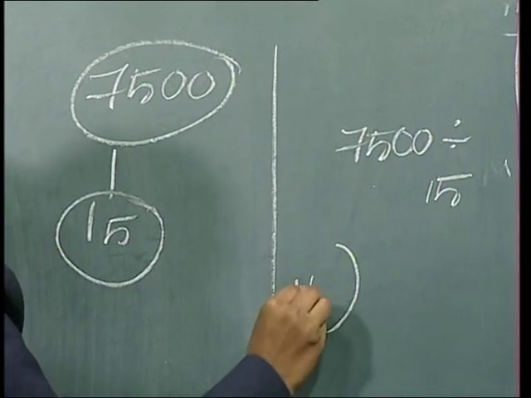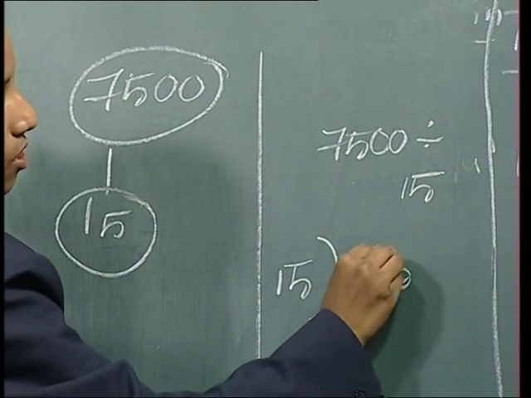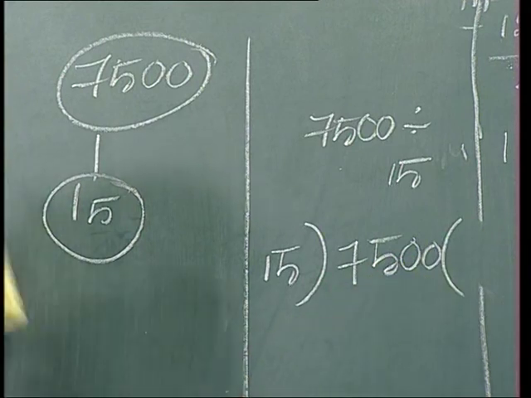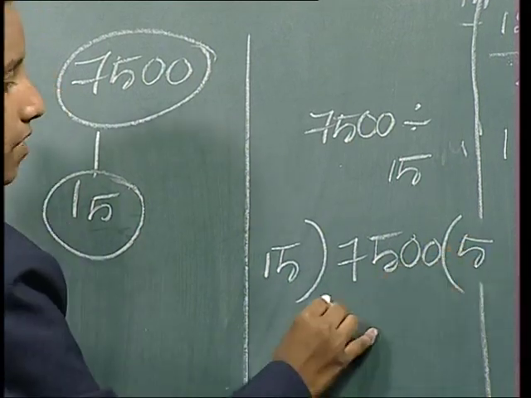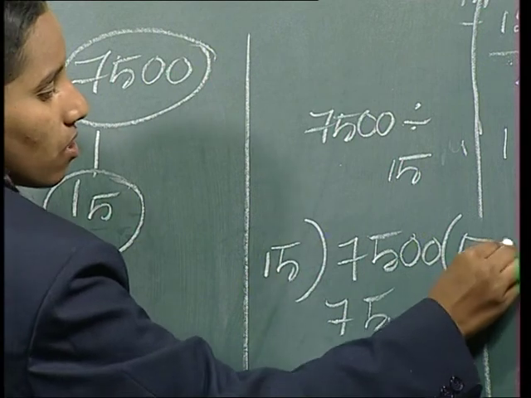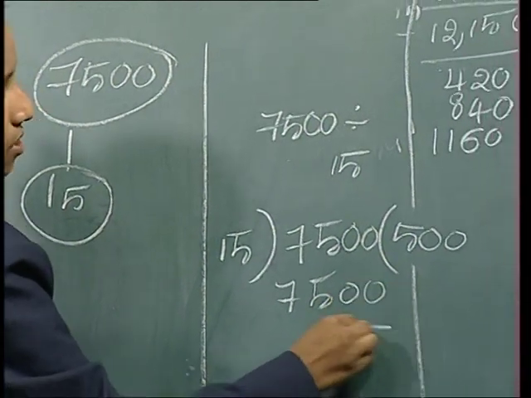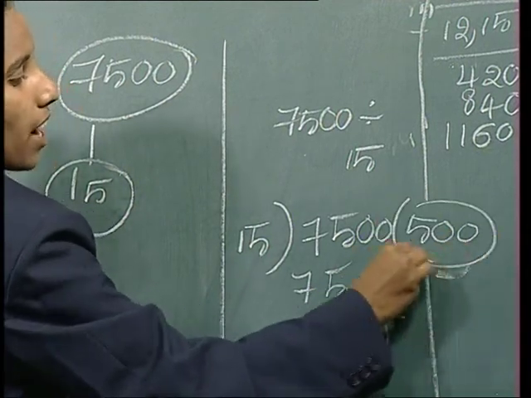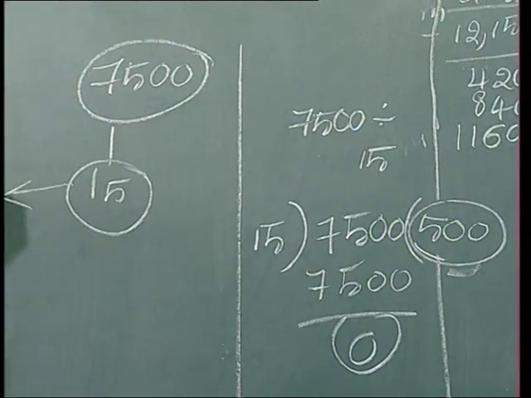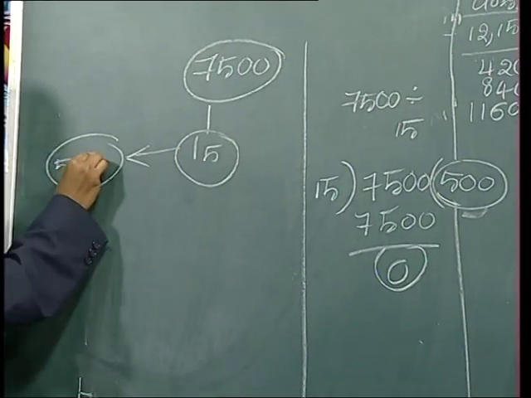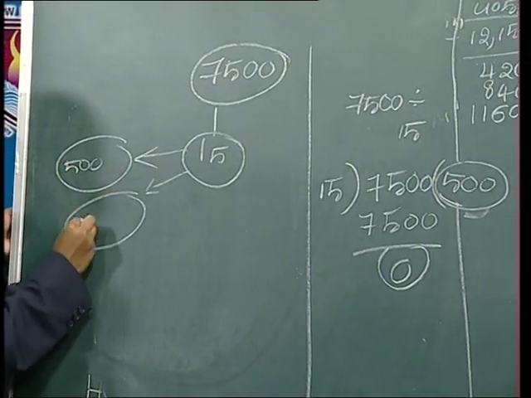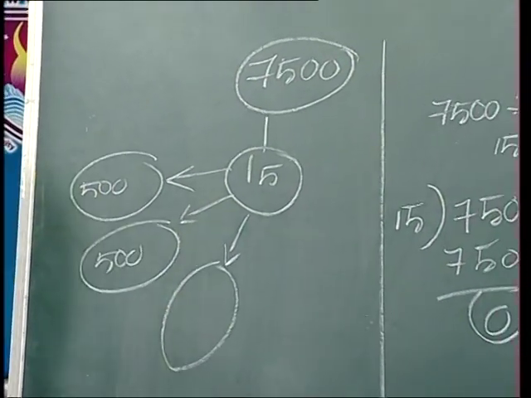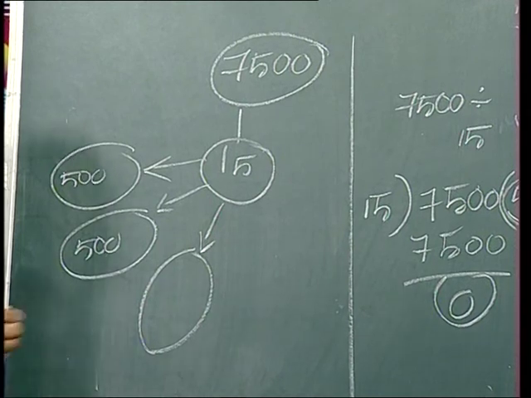Now he will see the multiples of 15. Then he will see that 15 fives are 75. If we keep zeros here, then we also get zeros. So finally he gets that every person will get 500 rupees. That means he has to distribute 500 to each of these 15 members. Is it? Okay. So this is Euclid's division lemma that we use in our daily life.